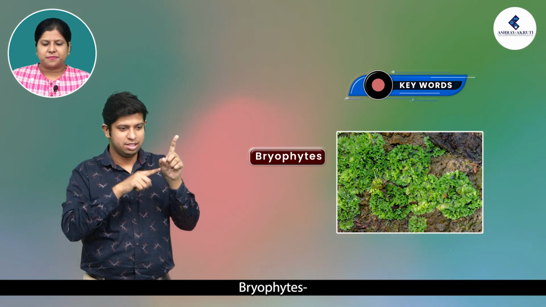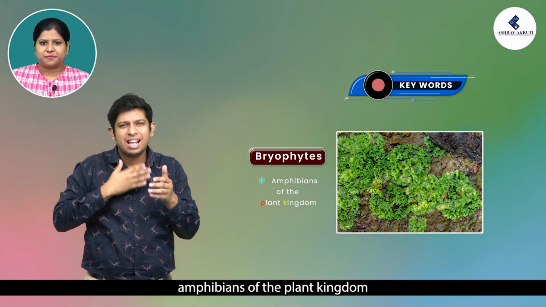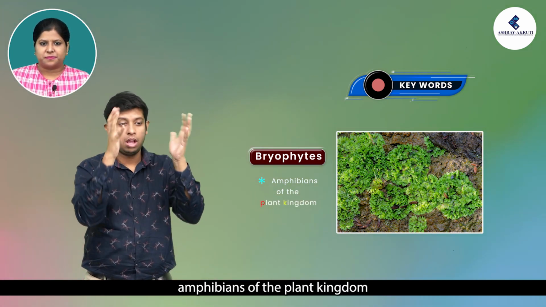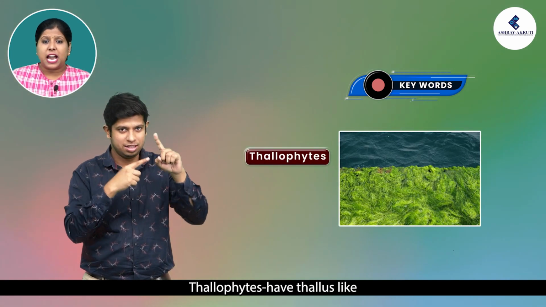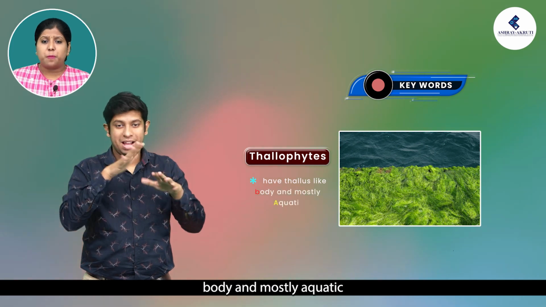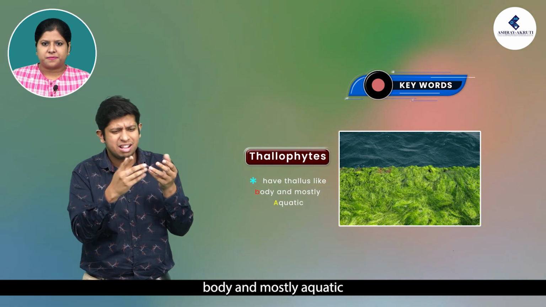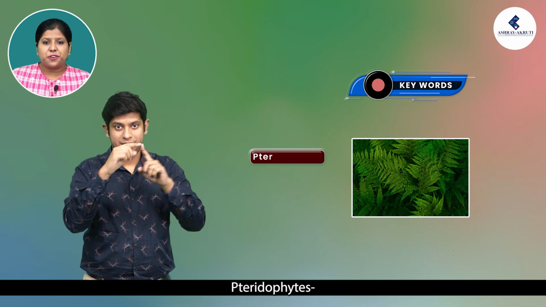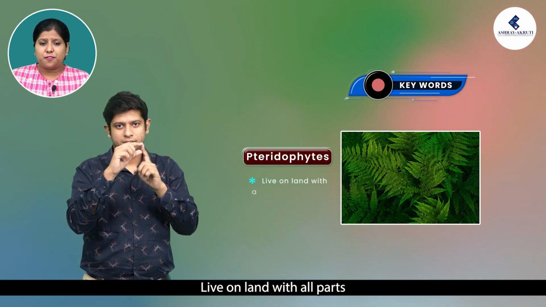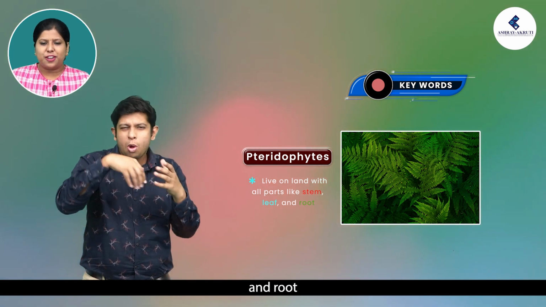Keywords: Bryophytes, amphibians of the plant kingdom. Thallophytes have thallus-like body and are mostly aquatic. Pteridophytes live on land with all parts like stem, leaf and root.